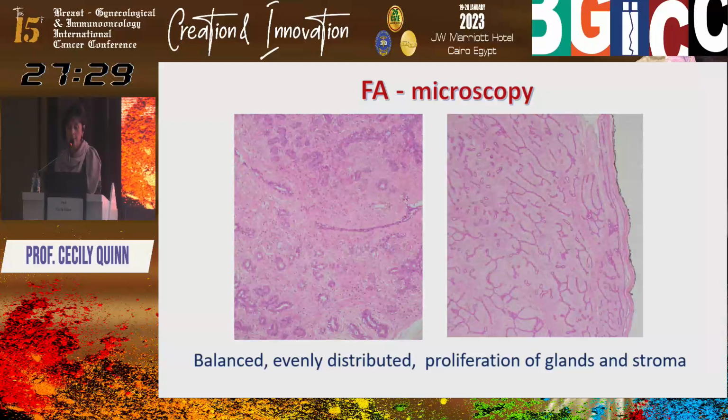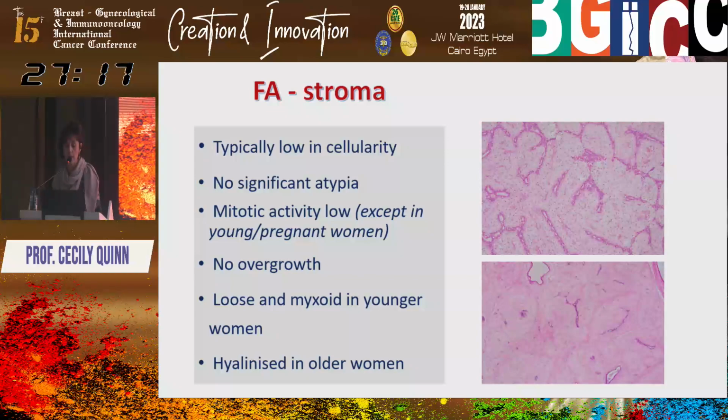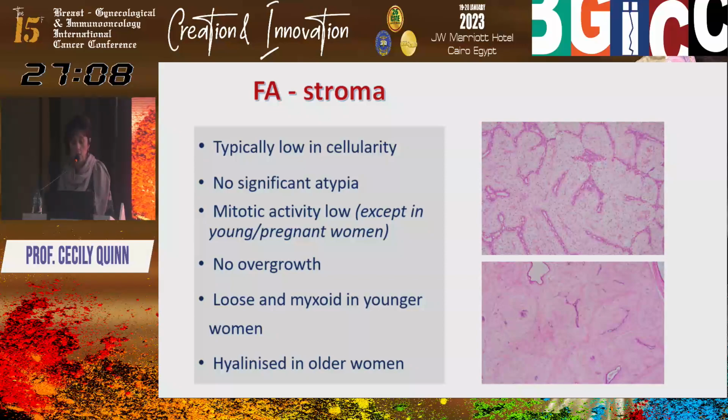On the left-hand side, you can see the typical pericanalicular configuration, and on the right, the intracanalicular. So when it comes to the stroma of a fibroadenoma, it's typically low in cellularity, with no significant atypia or mitotic activity, except, however, in young or in pregnant women. We do not see overgrowth.